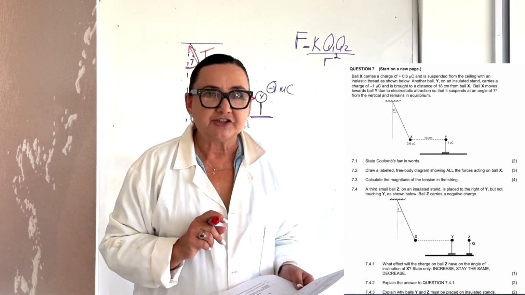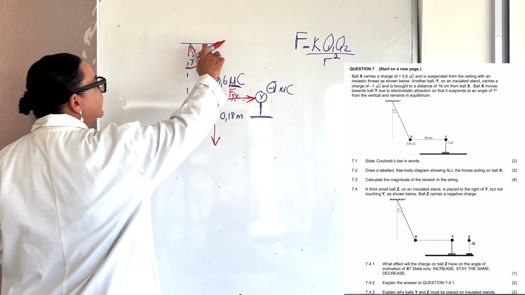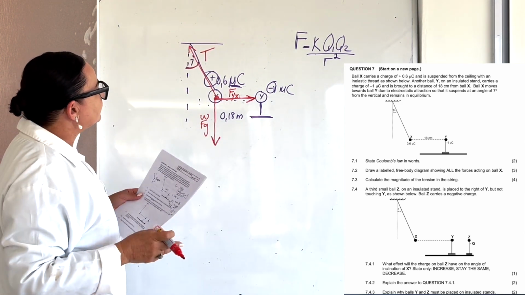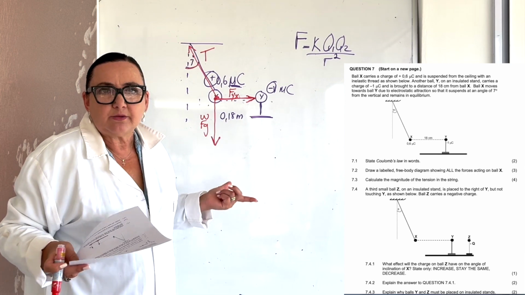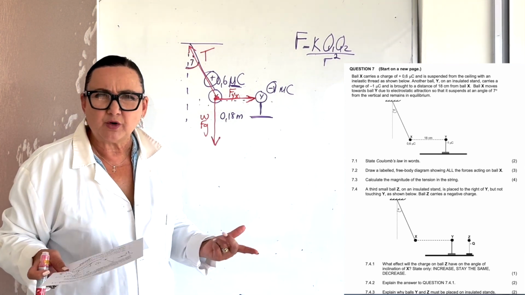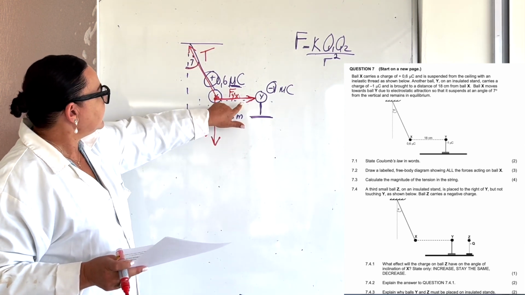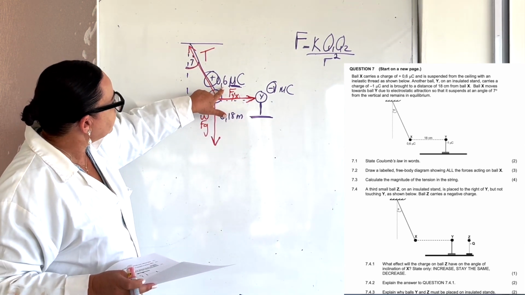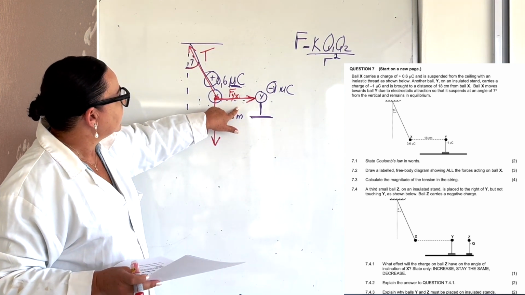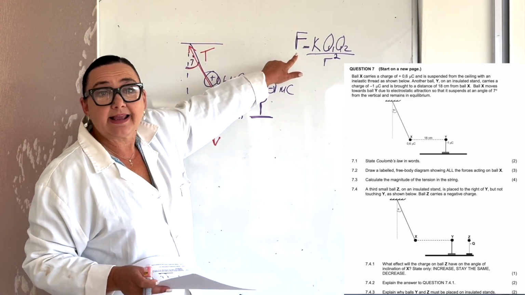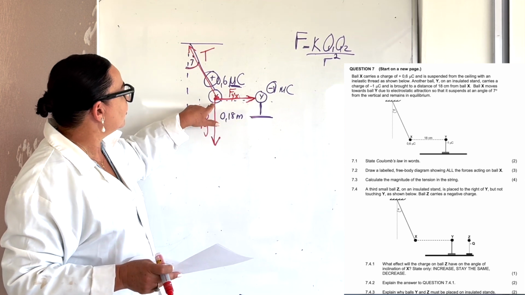Calculate the magnitude. So we're basically going to have to calculate T. Now first, of course, I'm going to look at which force do I have? What do I have? I see there's the electrostatic force, and they do give me Q, Q, and R. So I immediately realize I can work out that force.